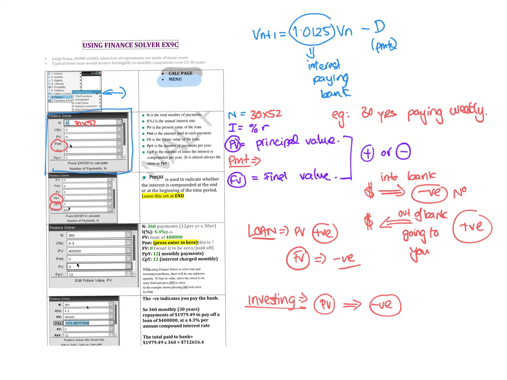The PPY is how much, say, the bank or how much you're going to pay per period, so you might just do it monthly, and the CPY can be what it's compounding. So it's when the bank decides one way and you decide another, so they don't match up.